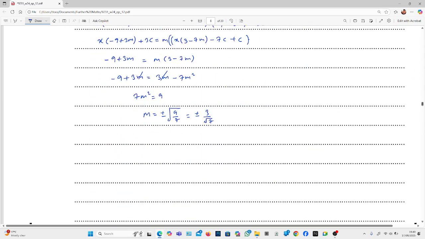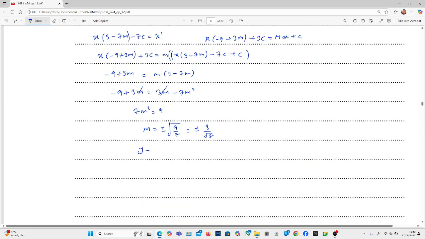And because the line is the form y is equal to mx plus c, we have y is equal to minus 3 over root 7 x plus c, or y is equal to 3 over root 7 times x plus c, and c again is 0. So we have equations of two lines, and those are the two invariant lines.